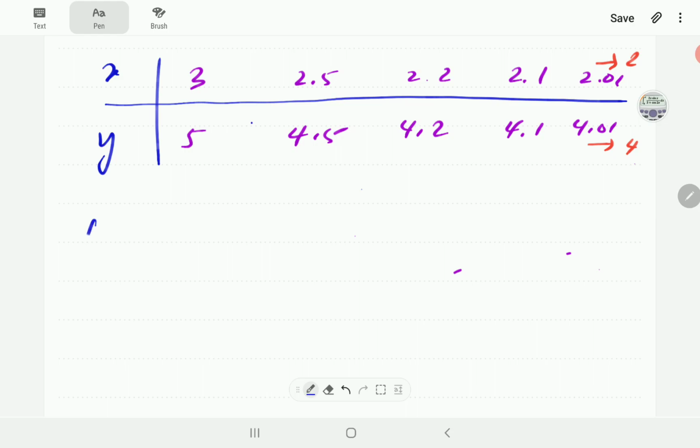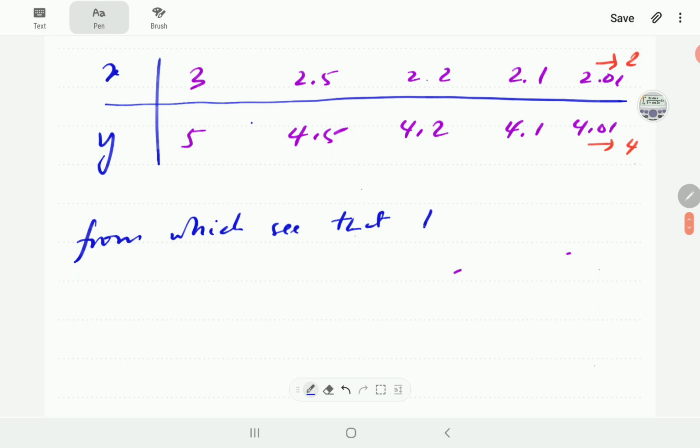So we see that the limit is 4 again as x approaches 2 from the right.